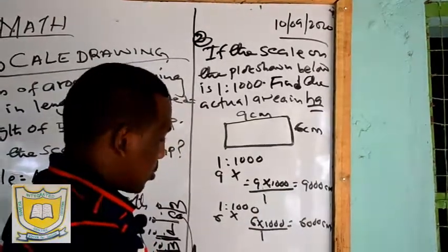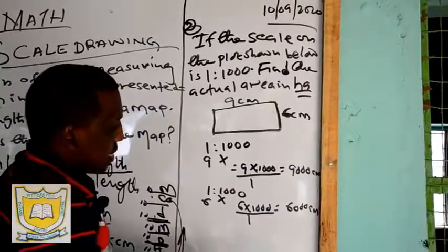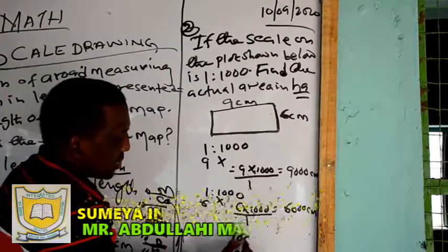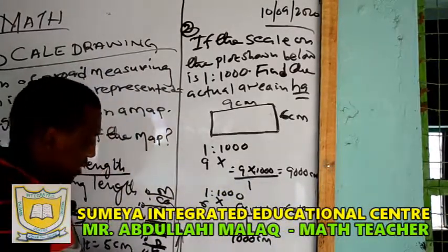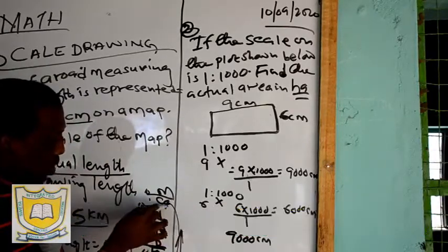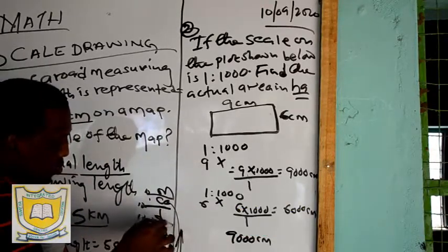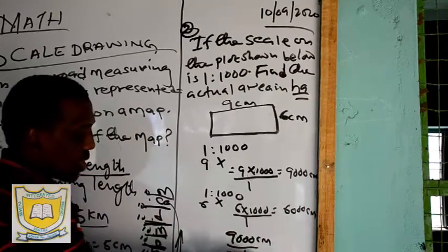When changing 9,000 centimeters into meters, when I want to change centimeter to meter, using King Henry, I go 2 steps downward, so it is over 100.